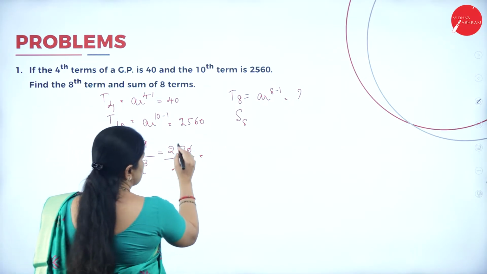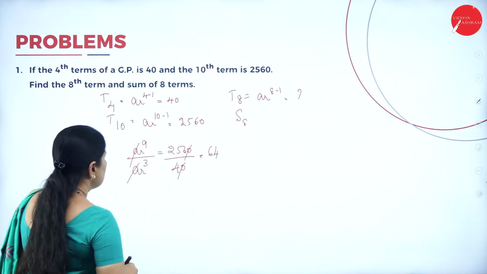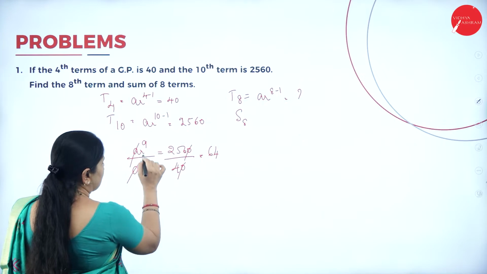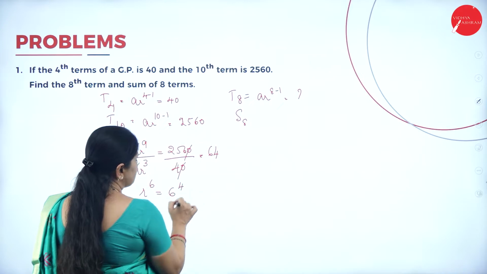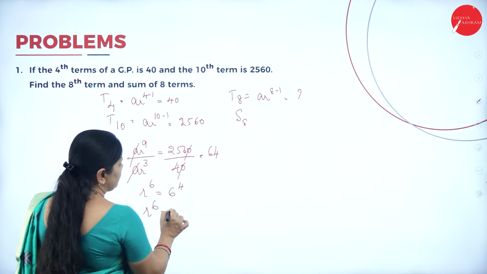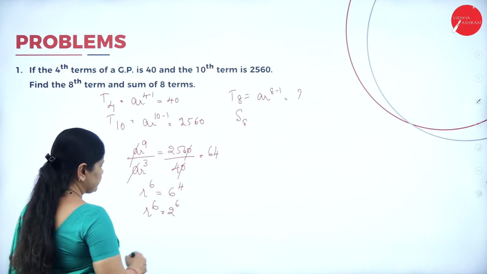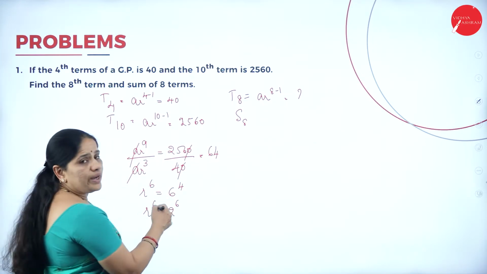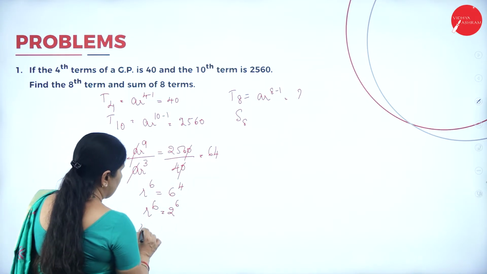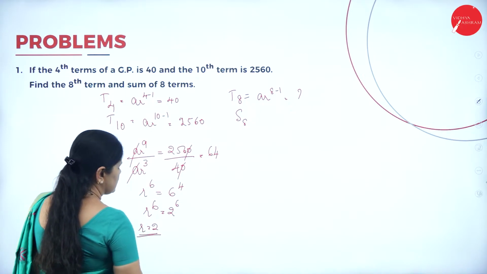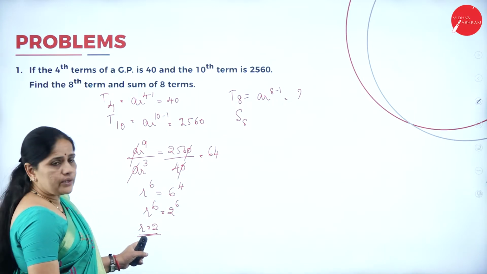I am dividing by 4: 4 6s are 24, 4 4s are 16. So I get r to the power 9 by r to the power 3, that is r to the power 6, equals 64. r to the power 6 will be equal to 2 to the power 6. When the powers are the same, the bases are the same. So r equals 2 is the answer. So I have found out the ratio r equals 2.